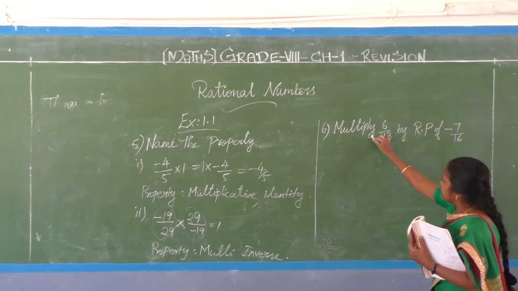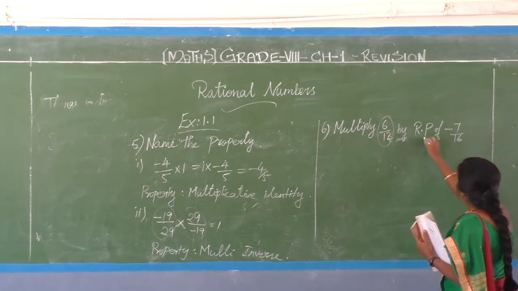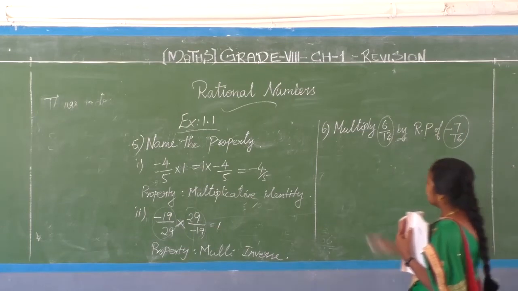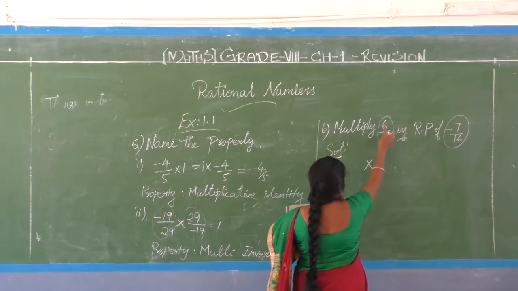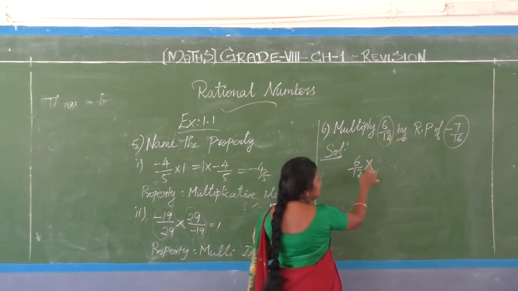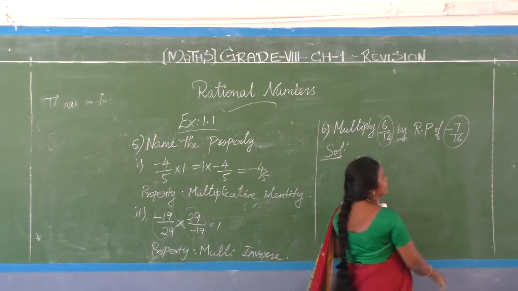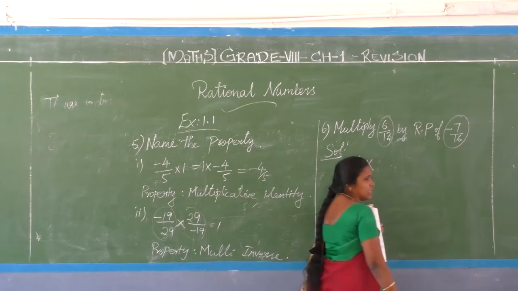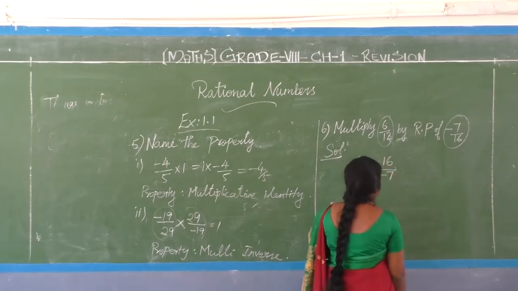You have to multiply this rational number by the reciprocal of the given rational. How do you write it? Multiplication of 6 by 13, to be multiplied by the reciprocal of minus 7 by 16. That reciprocal is 16 by minus 7.